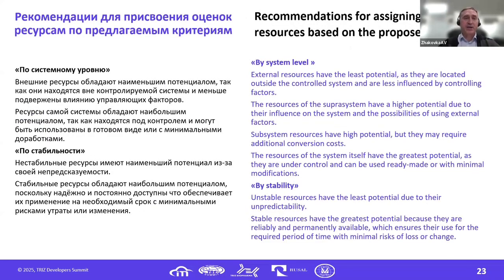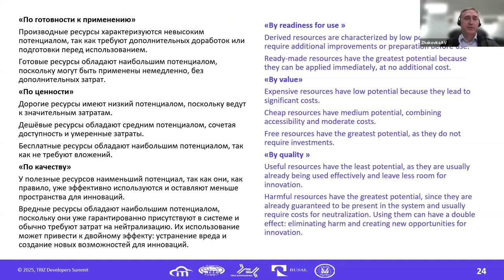Recommendations for assigning ratings to resources based on the proposed criteria. Based on the system level, the highest weight is available for those resources that we control, that are resources of systems and subsystems. In terms of stability, stable resources have higher potential than those that have lower weights.